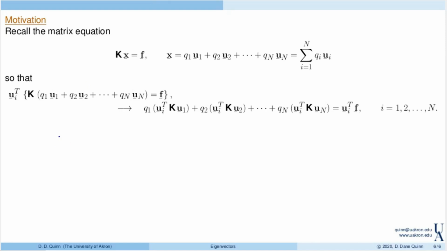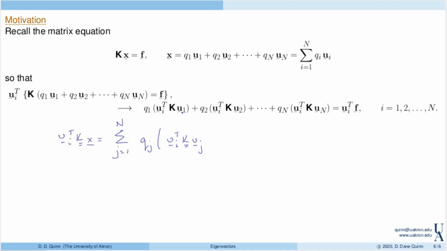So here, u_i transpose K times x is equal to the sum from j equals 1 to n of q_j, these individual coordinates, times u_i transpose K u_j.